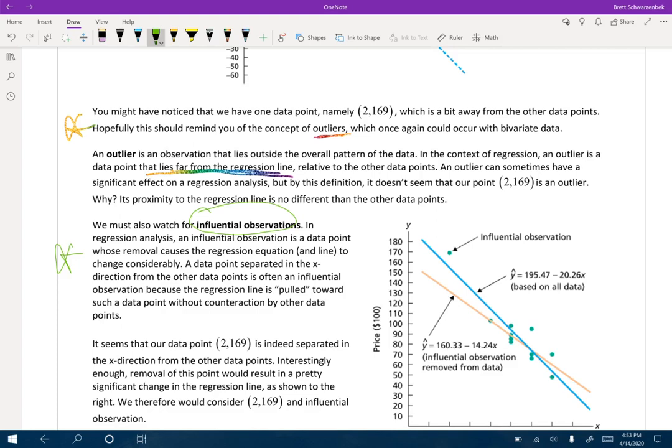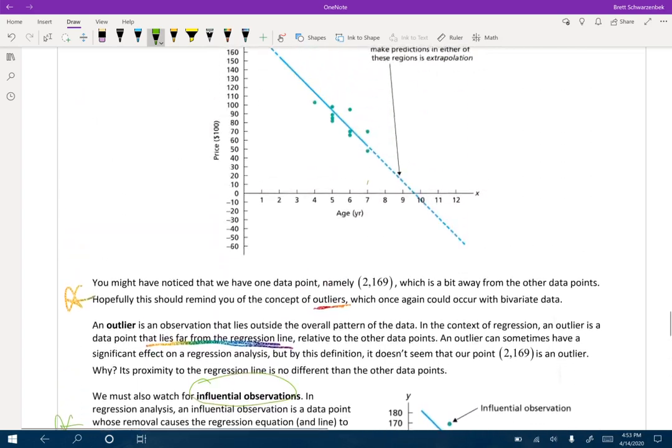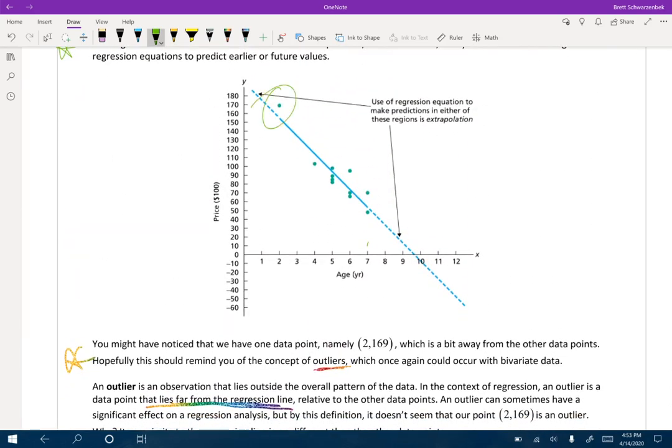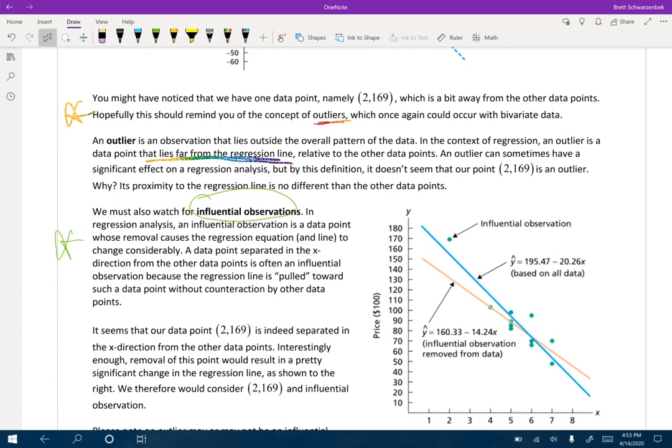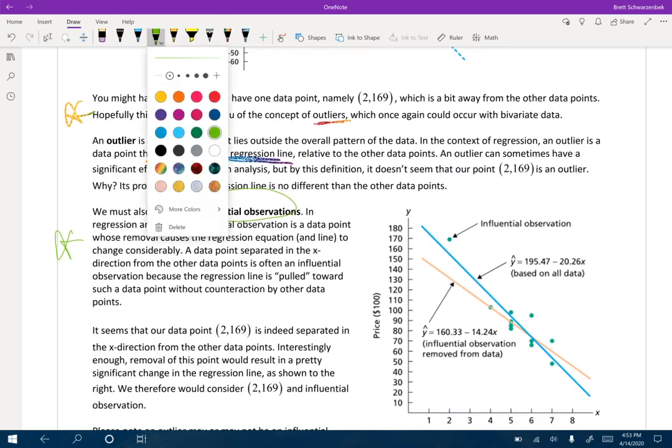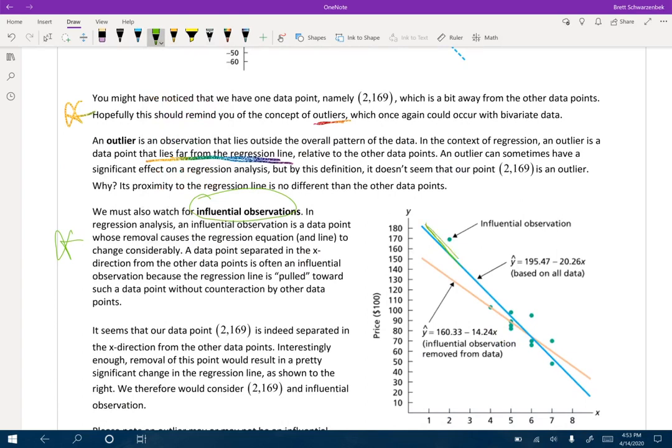Okay, returning to 2, 169, which is now on this graph. This is, by the way, the original regression line right here, if you recall. And all the points are the same as what we've seen before. But if we remove this point, 2, 169, and did the regression again with only 10 points, we would get this line right here, this orange line.